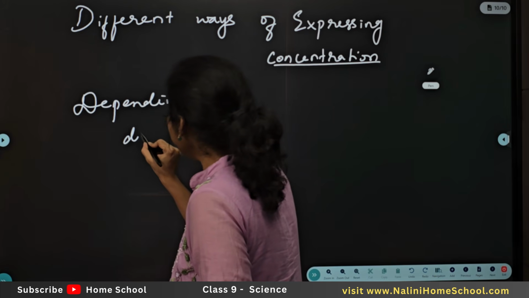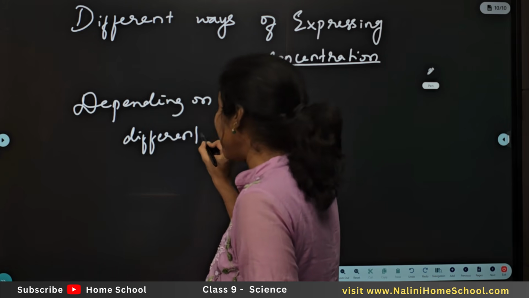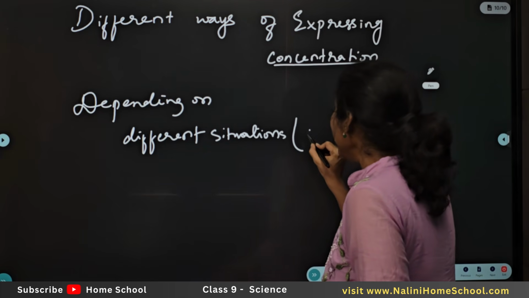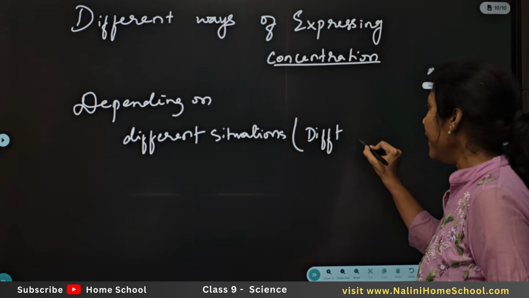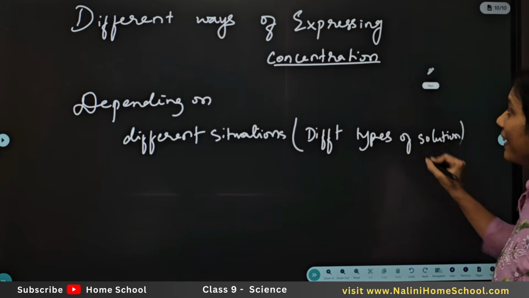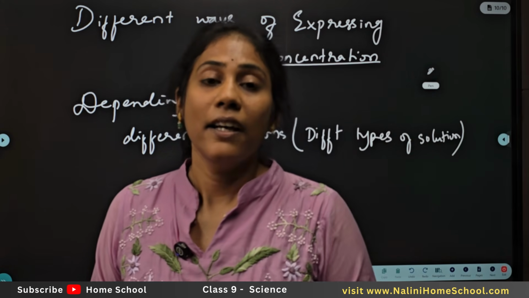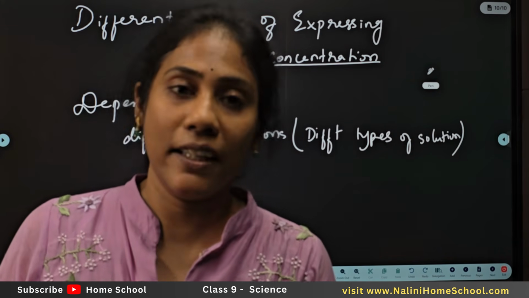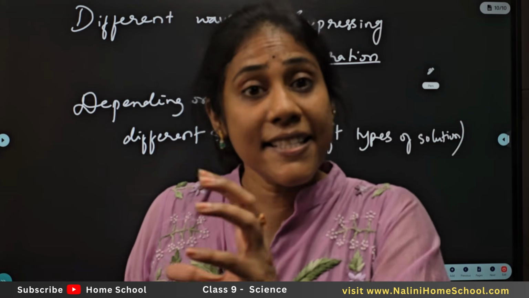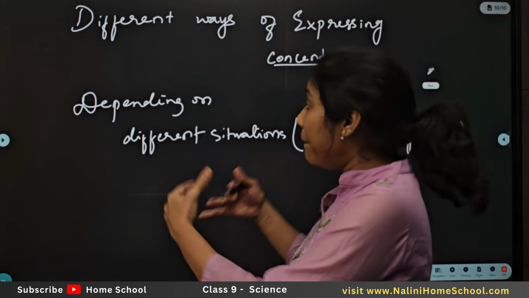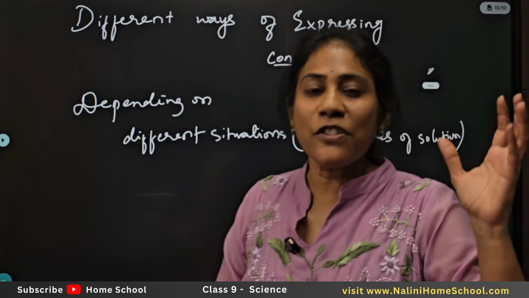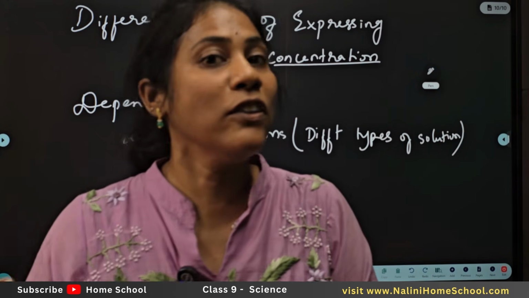depending on different types of solution, different expression terms are there. We express concentration differently. What is concentration? The amount of solute, how much is there in how much amount of solvent. So that is expressed differently depending on different types of solution. Say for example, when a solid is mixed with another solid, we use one concentration term.